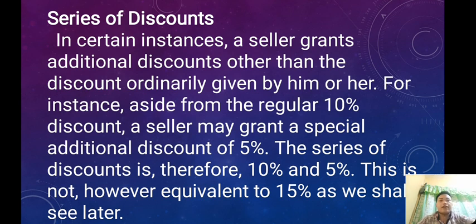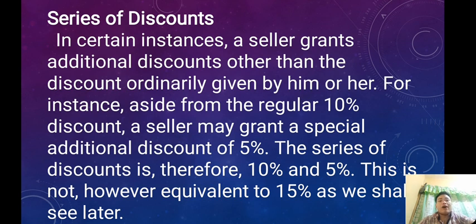In certain instances, a seller grants additional discounts other than the discount ordinarily given. For instance, aside from the regular 10% discount, a seller may grant a special additional discount of 5%. The series of discounts is therefore 10% and 5%.